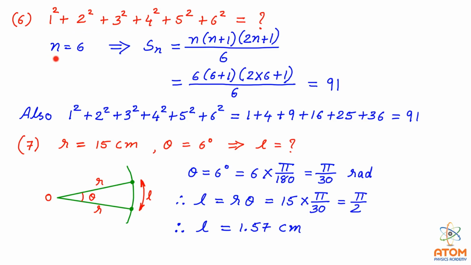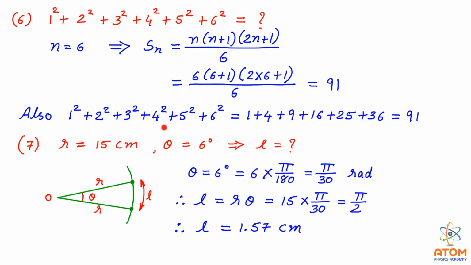So I can write n is equal to 6 in this equation. So putting n is equal to 6, we will get 6 into 6 plus 1 into 2 into 6 plus 1 divided by 6. Obviously 6 will be cancelled out. This will be 7 and this will be 13. So we will get 91.